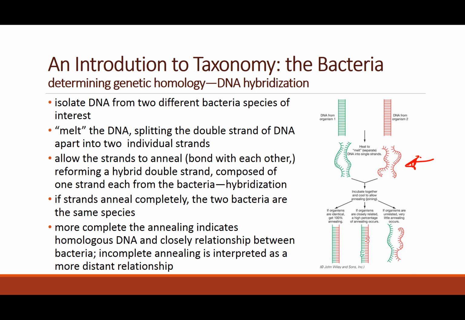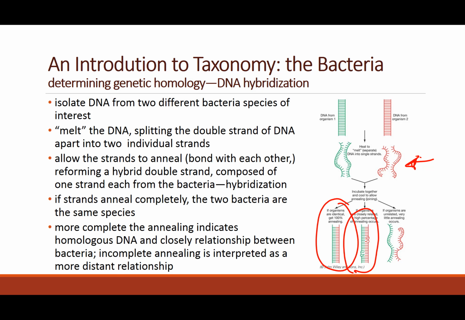If the two strands anneal completely, and annealing means letting them bond back together again, if you get 100% annealment, then you know, woohoo, we've got the same species. But if you see just a little bit of regions where the DNA don't anneal, then perhaps that tells you that maybe these are related, but there are some differences going on.